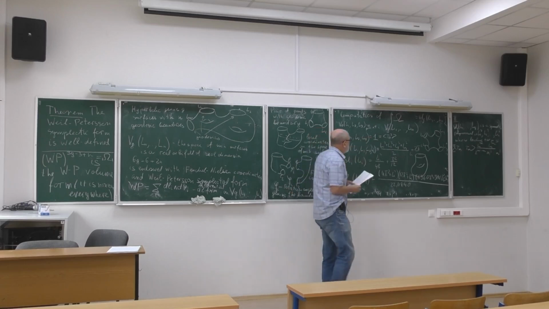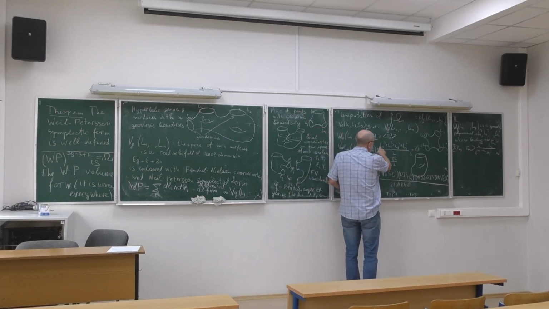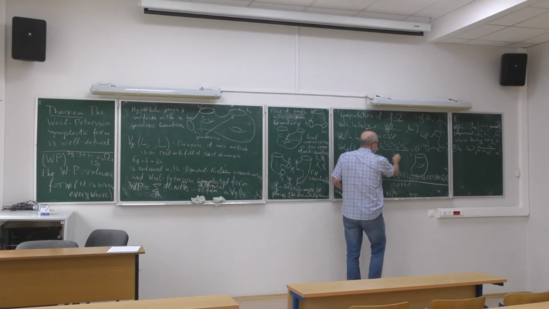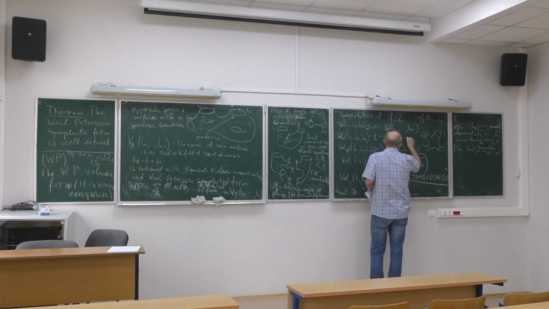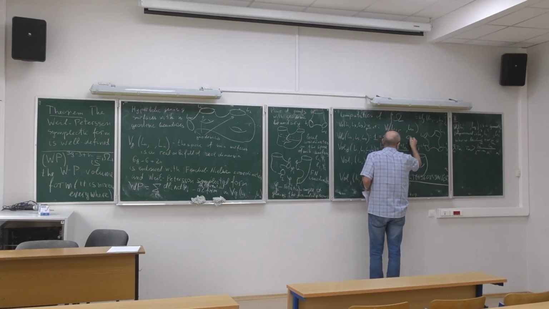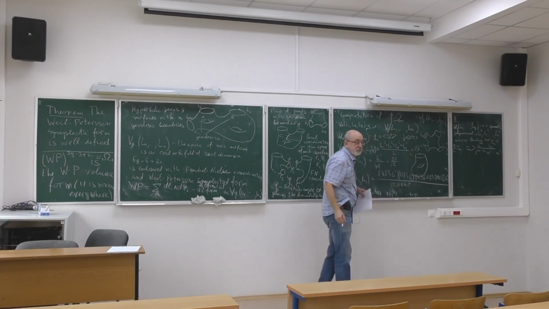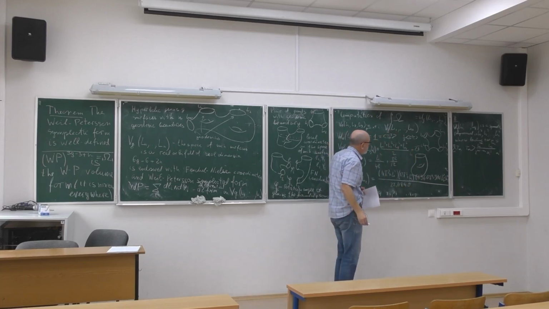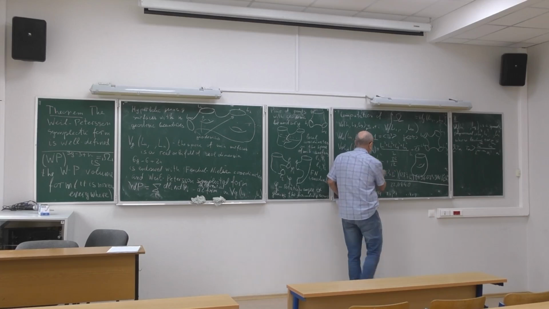Here we have coefficient 1/2, which is tau 0 cubed, tau 1, and so on and so forth.